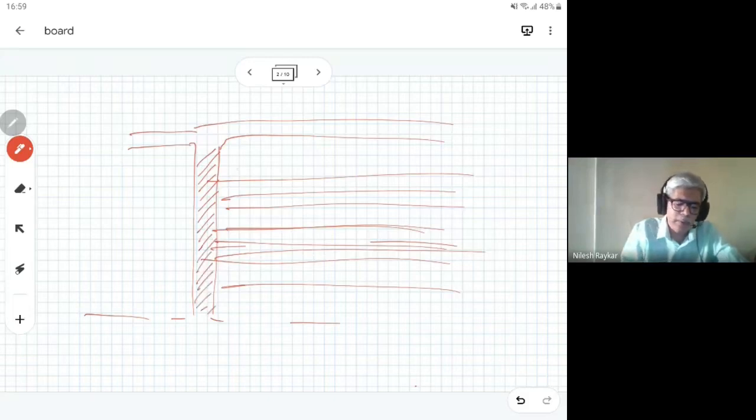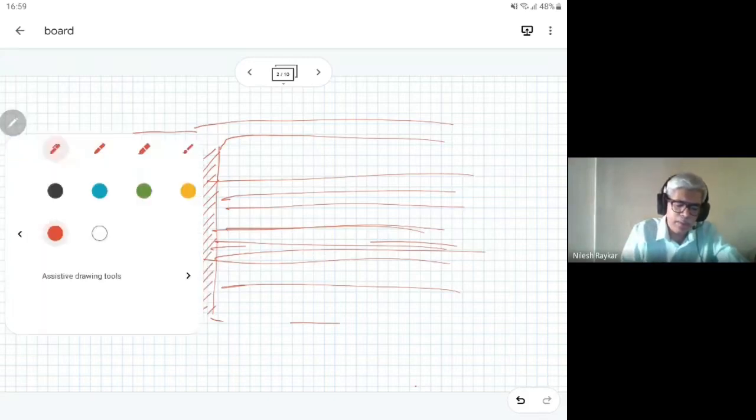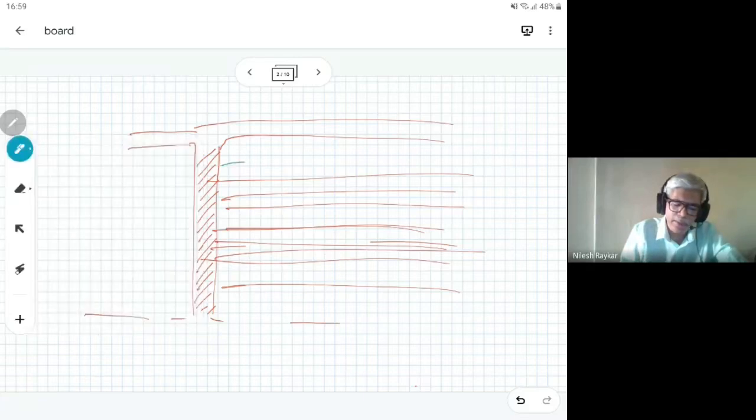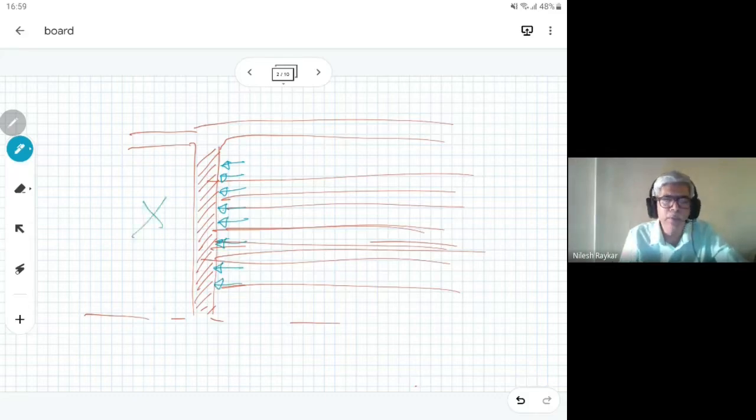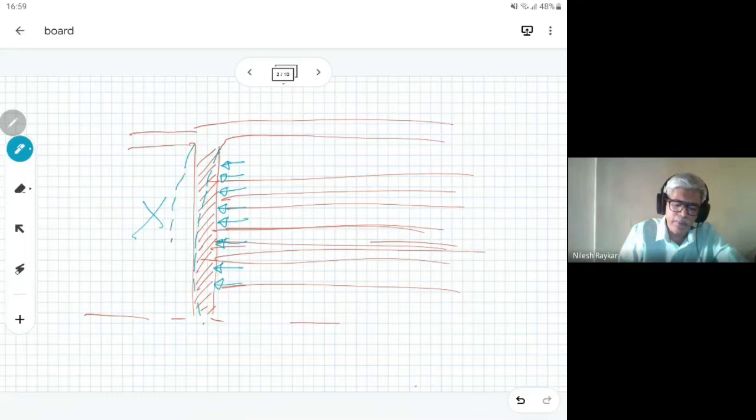Because of the pressure acting on the shell side and channel side, let's say the shell side pressure is higher, or, as is often assumed in heat exchanger design, because of a malfunction the channel side pressure has become zero and only shell side pressure is acting. In that case the tube sheet will have only shell side pressure acting on it, and because of this pressure the tube sheet will try to bend in this particular manner. That is what we are talking about here.